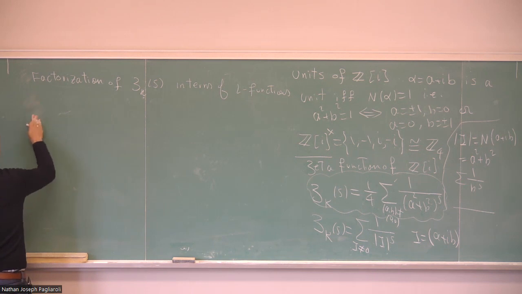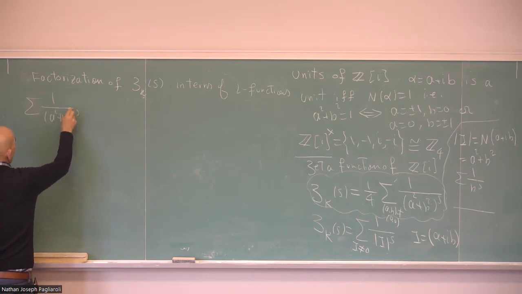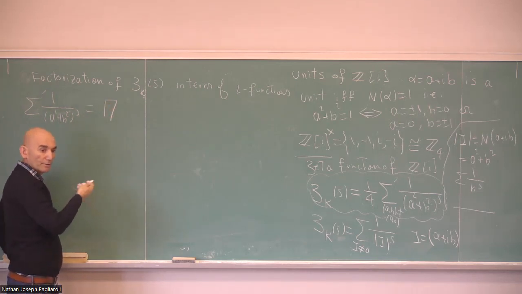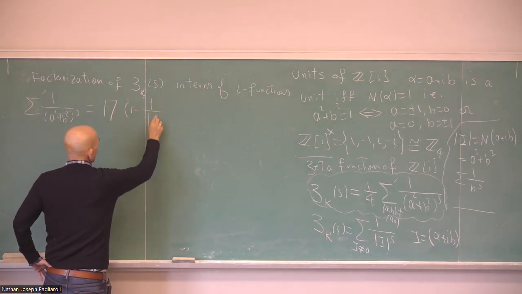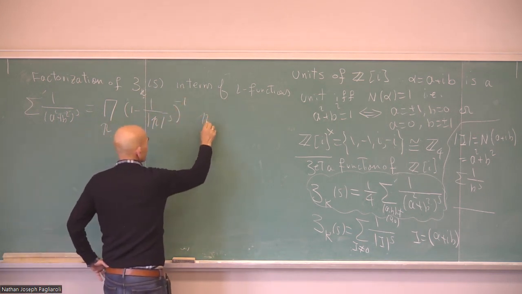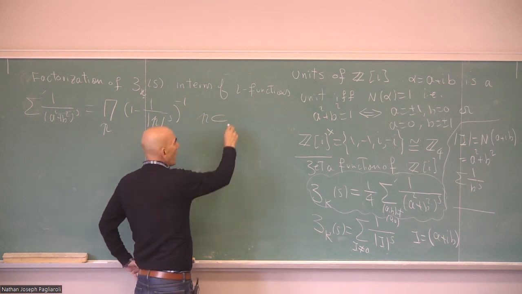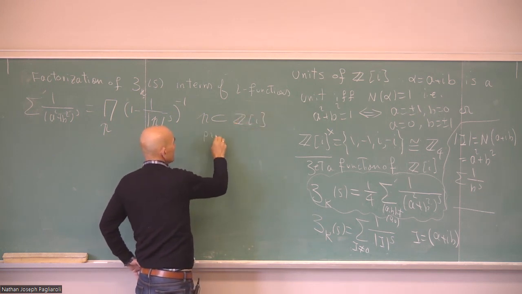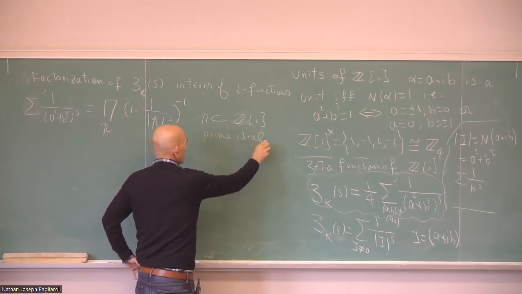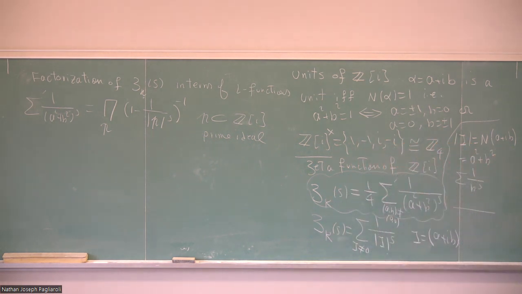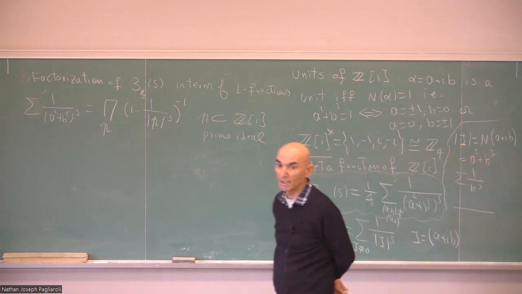Okay, first of all, we know that zeta_K(s), this guy, the sum of 1 over (a^2 + b^2)^s, is equal to the product over all prime ideals P in Z[i] of (1 - 1/N(P)^s)^(-1). So it's very important to know what the prime ideals in Z[i] are, and that's what Gauss actually studied.